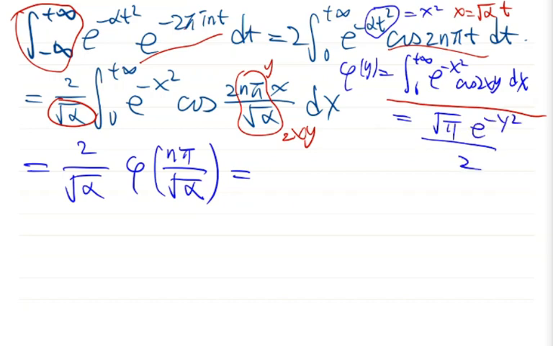Using this result, our phi evaluated at this point is 2 square root of alpha, then square root of pi over 2, then exponential minus y square. Y square is n square pi square over alpha.